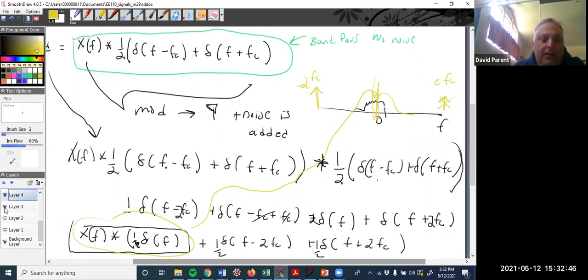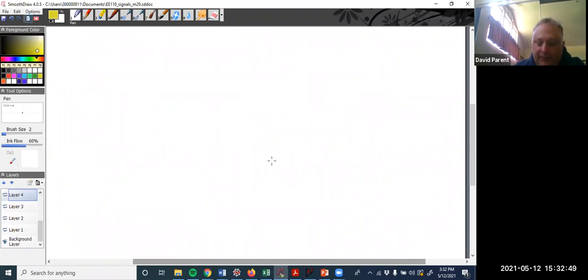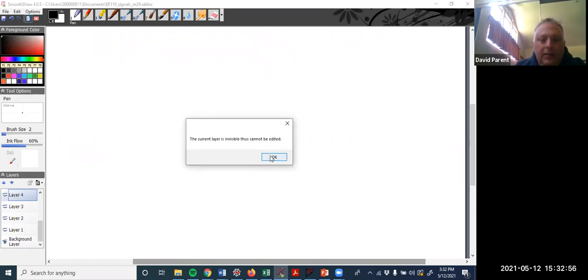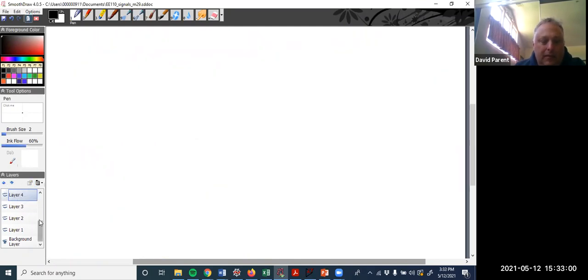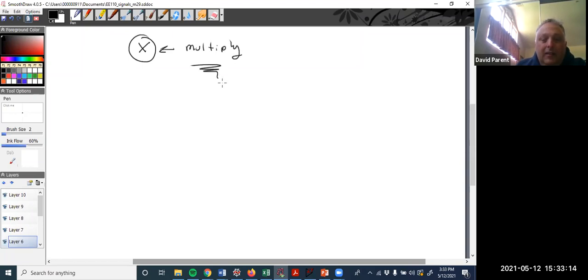But, you know, here's an interesting thing. This symbol here, it's called a mixer, but that is the multiply symbol, because that's what you're doing, right?